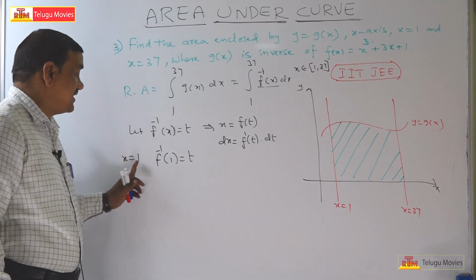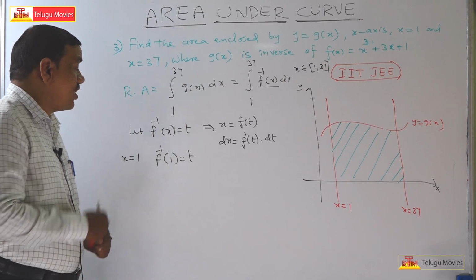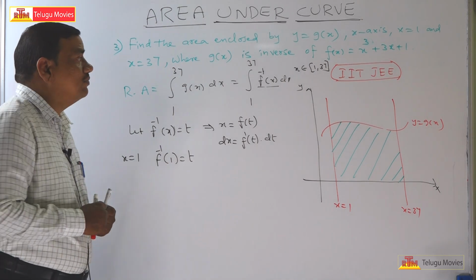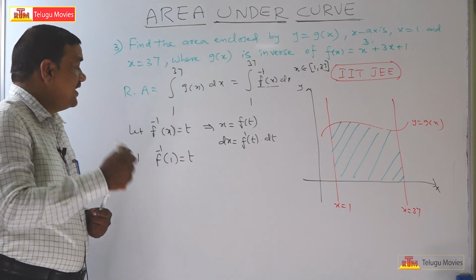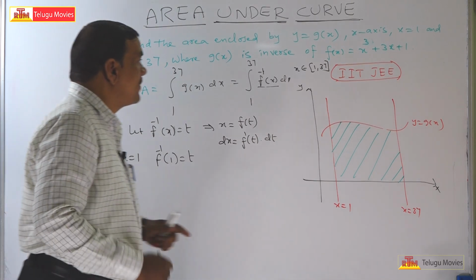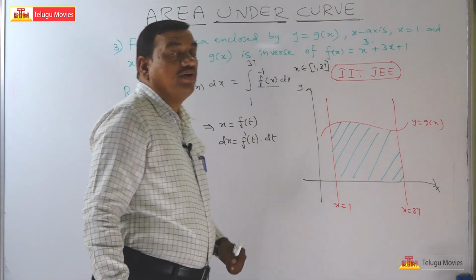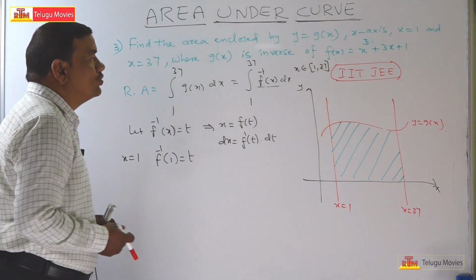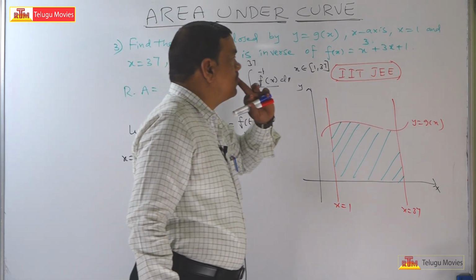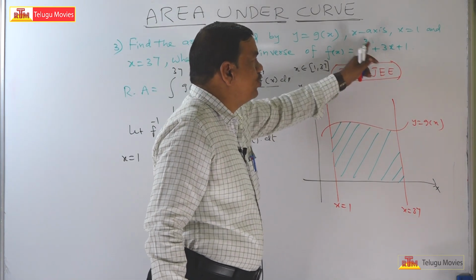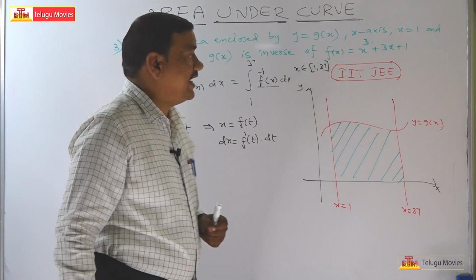Let us take x is equal to 0. If you take x is equal to 0, x cube plus 3x plus 1 you will get 1.